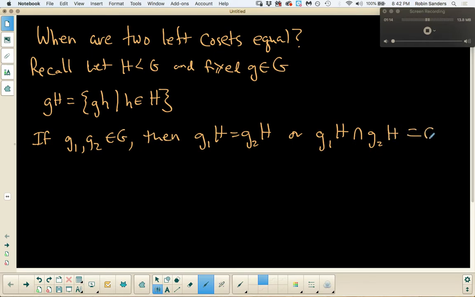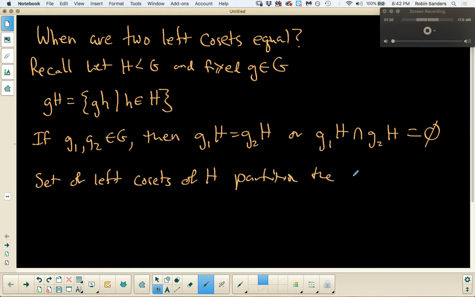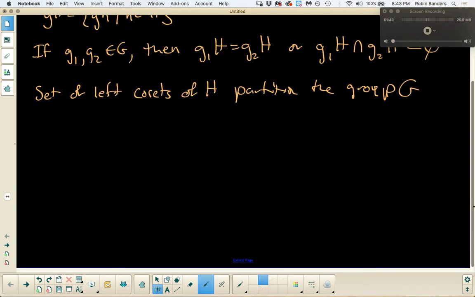And what this fact says is that the set of left cosets of a subgroup H partition the group G. And we can think about what that means pictorially.